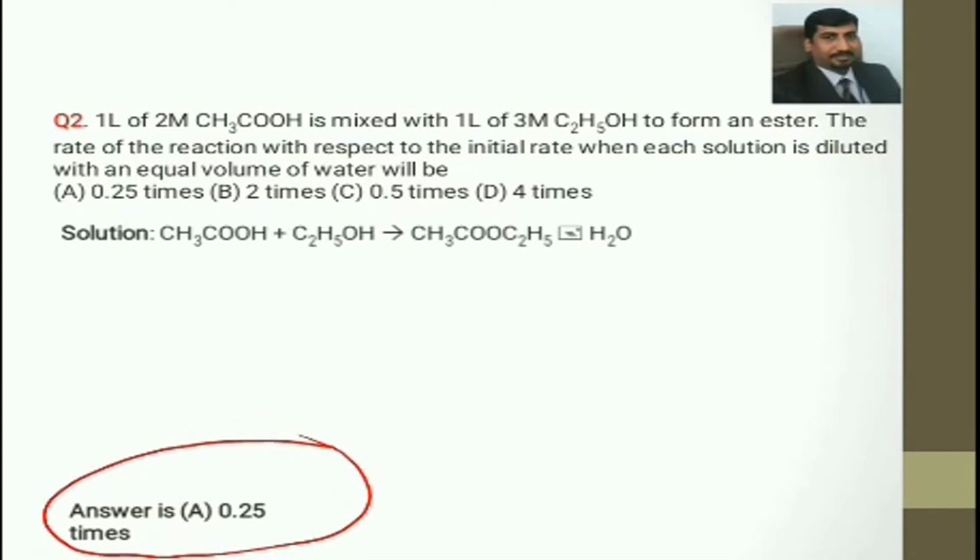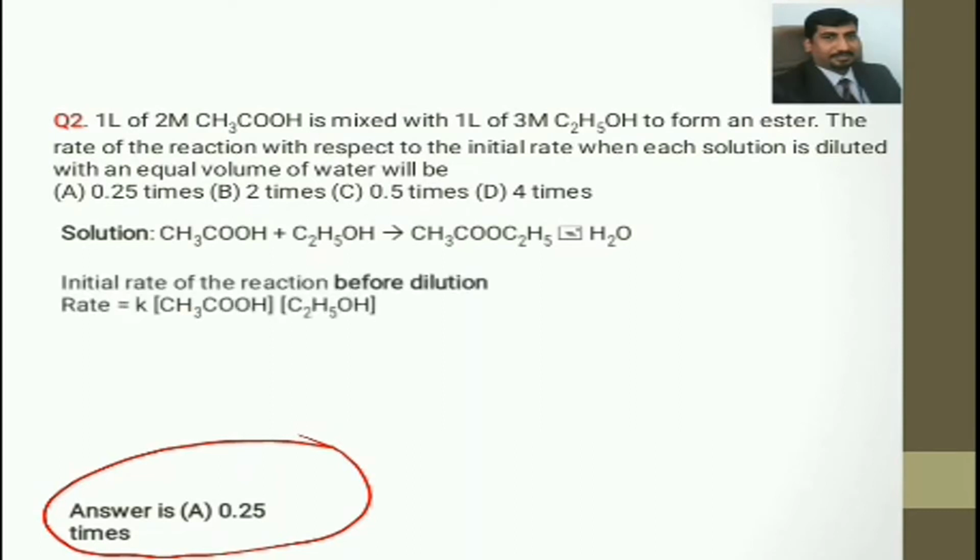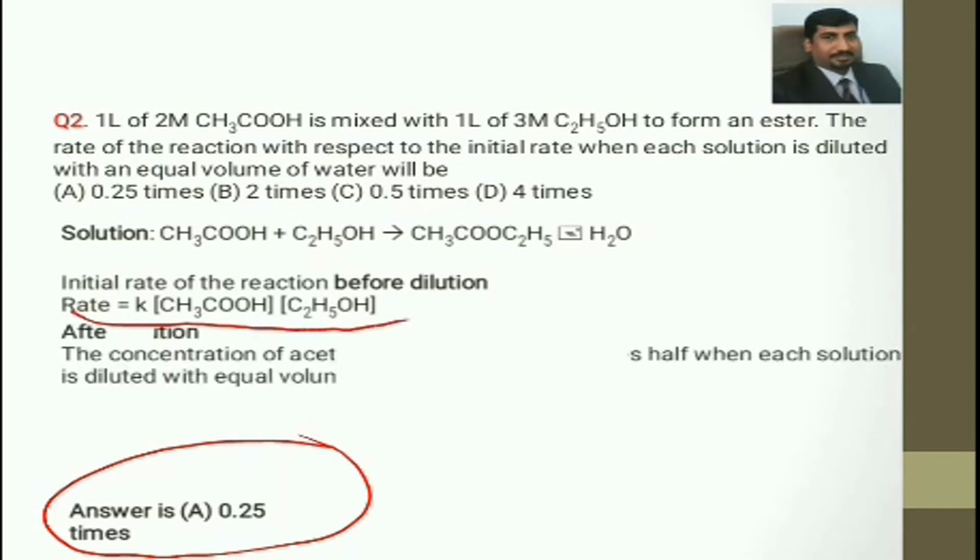Let's see what the solution for this is. Acetic acid reacting with ethanol forming ethyl acetate plus water. So the initial rate of the reaction before dilution: the rate is equal to K into concentration of acetic acid into ethanol. After dilution, what happens?